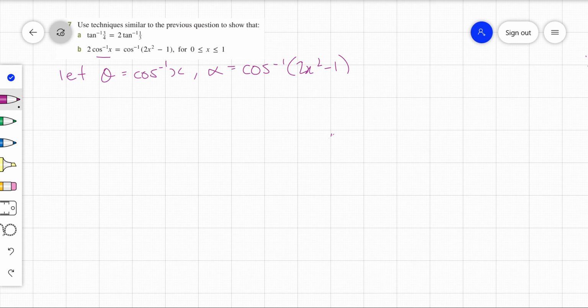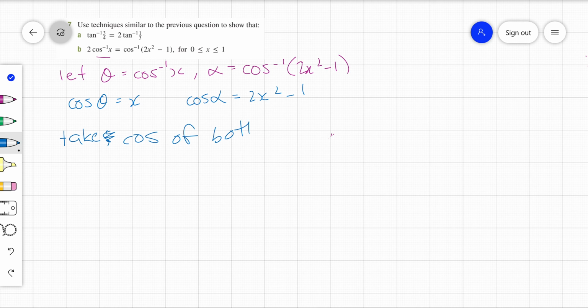All right, so if I did have a look at taking cos of just theta, I would definitely get x. And if I take cos of alpha, I will get 2x squared minus 1. All right, let's take cos of both sides.